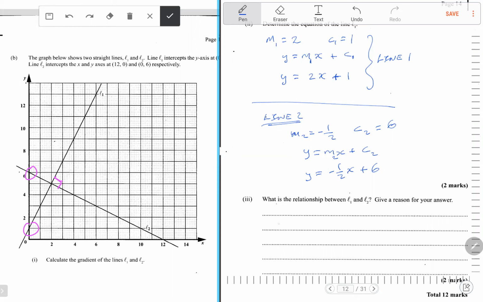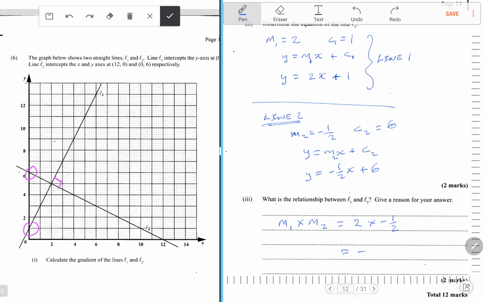Because m1 times m2 works out to be 2 times -1/2. M1 is 2 and M2 is -1/2. So that gives you -1.